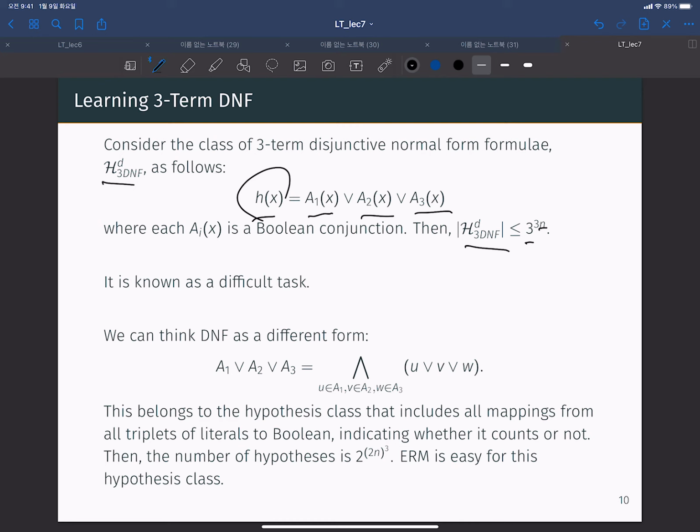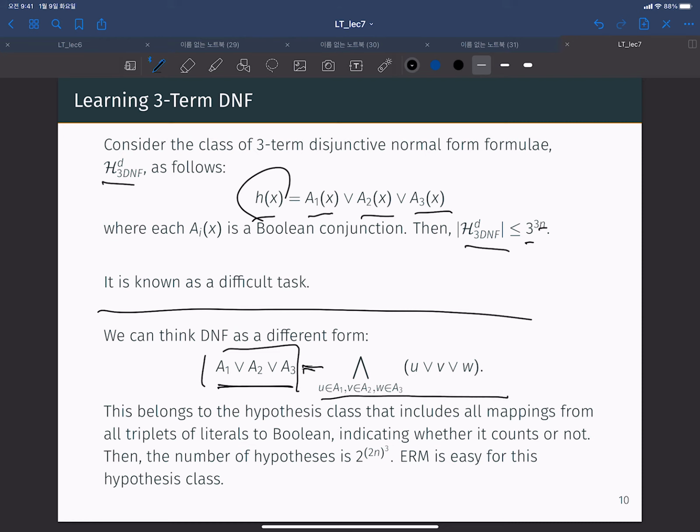But very interestingly, we can think of 3-term DNF as a different form like this. Every one of these 3-term DNF hypotheses can be rewritten as follows: combinations of triples. So we can think of a bigger hypothesis class.